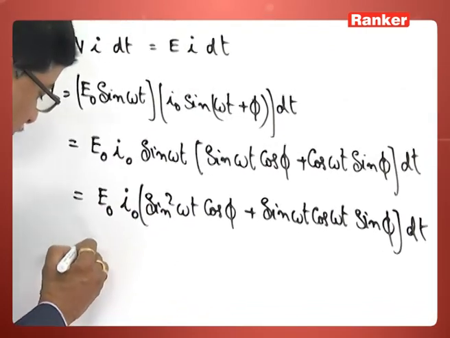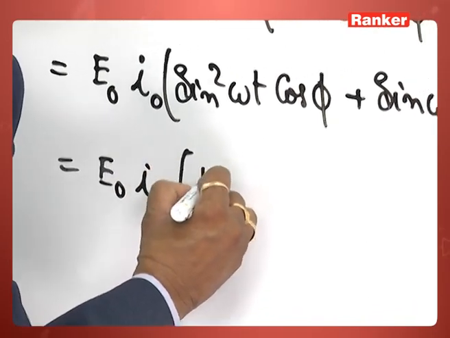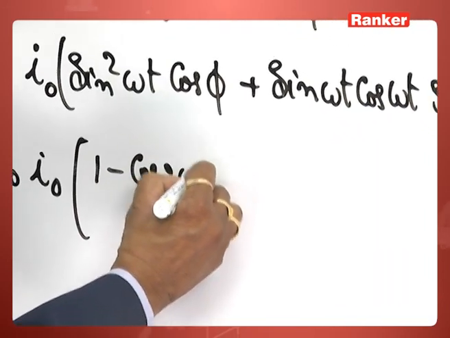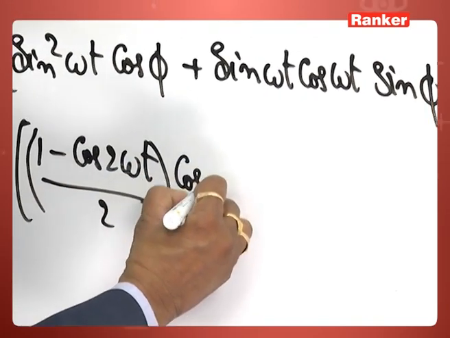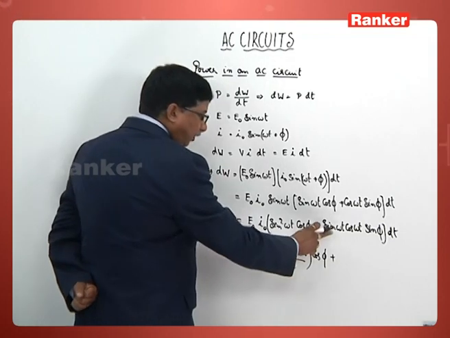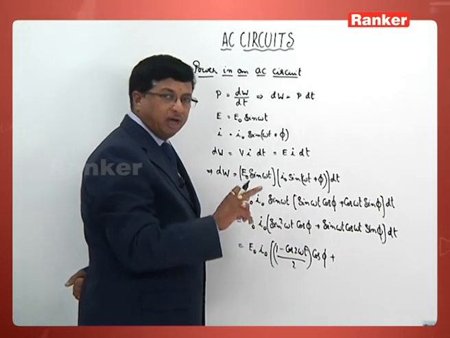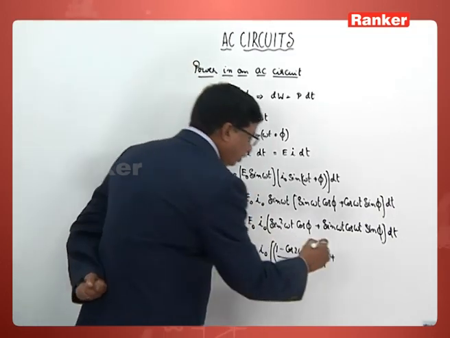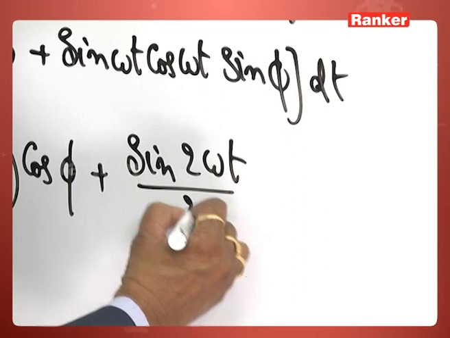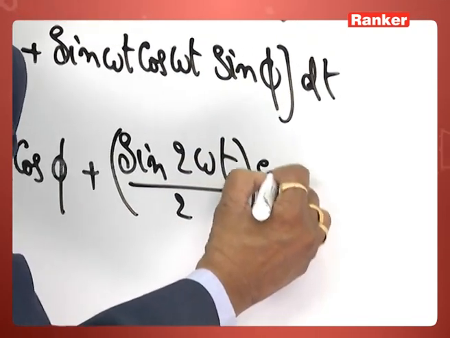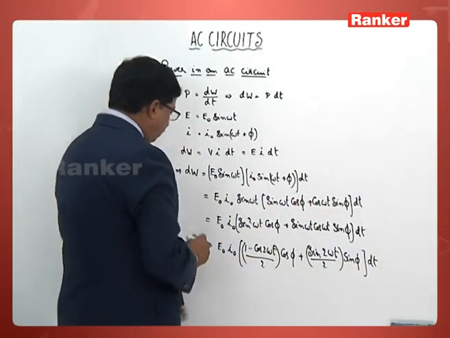We can rewrite the same this way: E naught I naught into 1 minus cos 2 omega t by 2 into cos phi, plus sin omega t cos omega t can be written as sin 2 omega t by 2, so sin 2 omega t by 2 into sin phi, whole into dt. This is the equation.